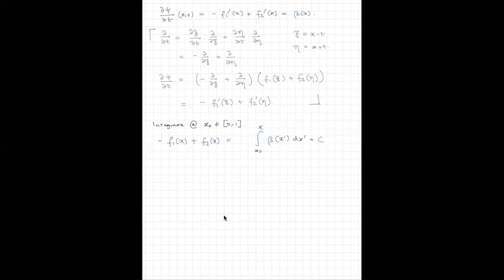Okay, so you can get f1 of x is some alpha of x plus maybe minus the integral from x naught to x of beta of x primed dx primed minus c, and f2 of x is going to be, so we can parameterize this as, plus the integral from x naught to x of beta of x primed dx primed plus c.